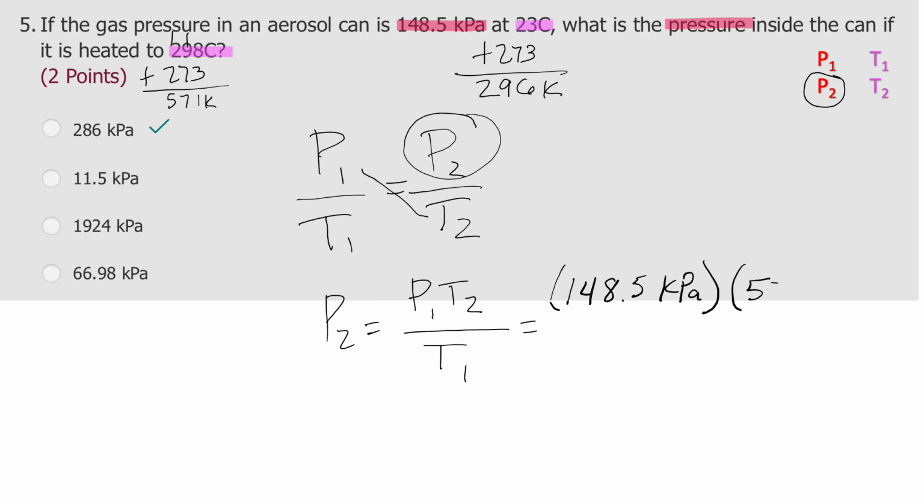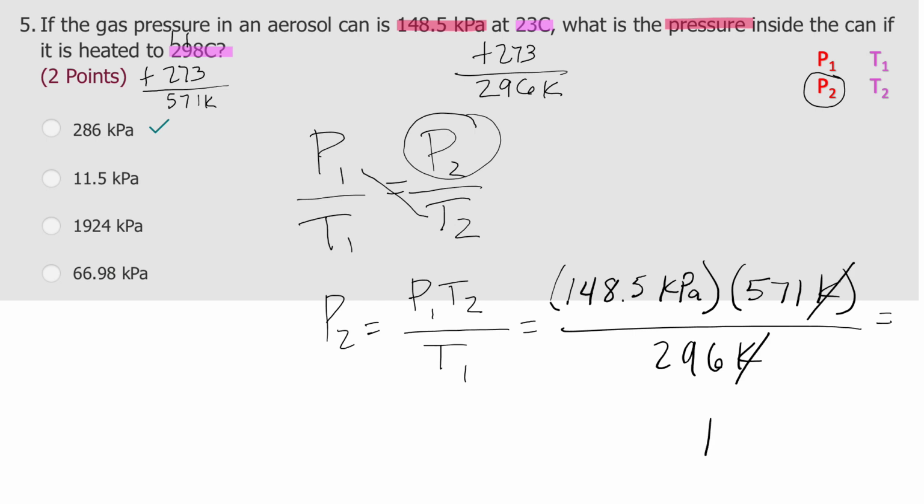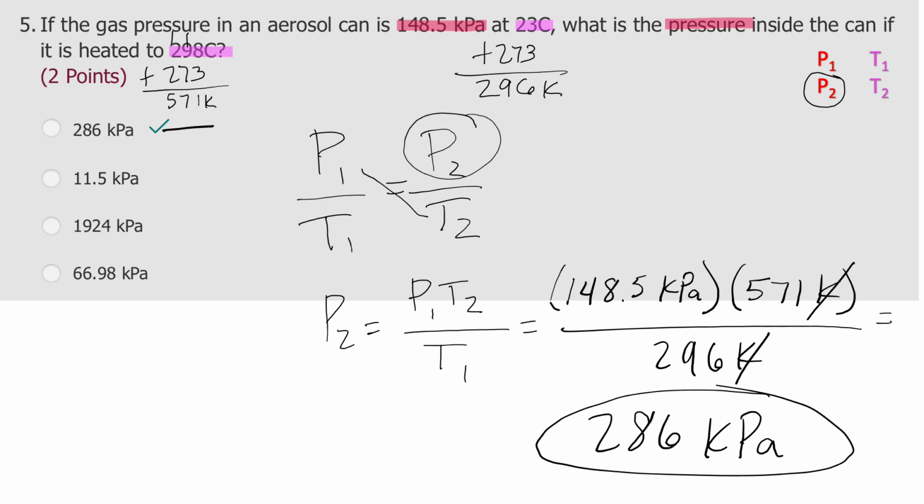T2 is 571 Kelvin. And T1 is 296 Kelvin. Kelvin cancels out. You're left with kPa as your unit. If you do 148.5 times 571 divided by 296, you get 286 kPa, which is your answer.